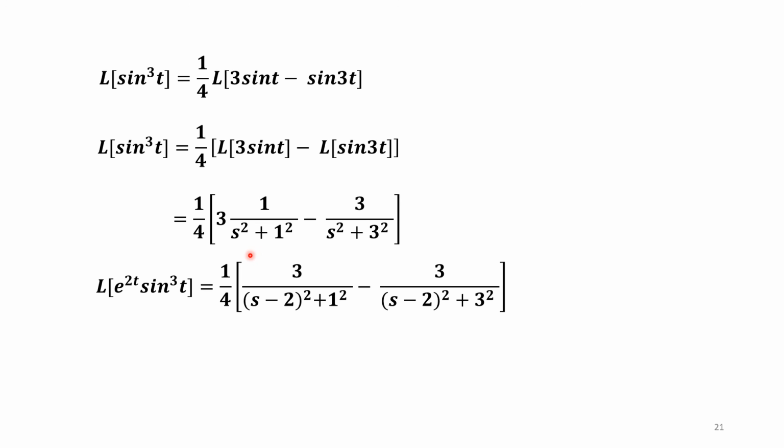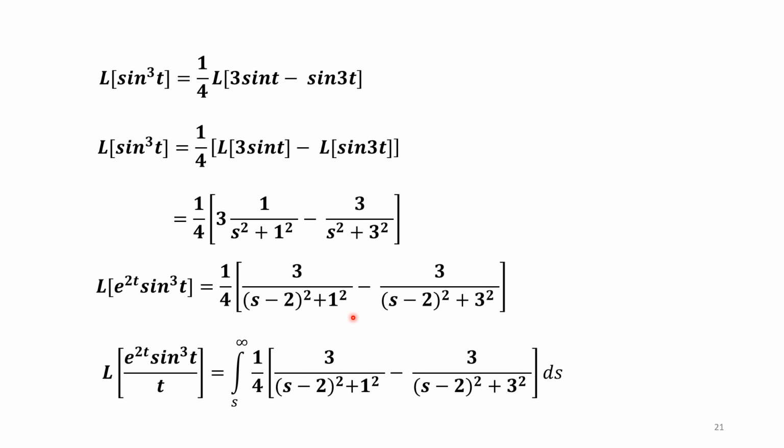So 3 upon s minus 2 the whole square plus 1 square minus 3 upon s minus 2 the whole square plus 3 square. 3 by 4 is the constant which can be taken outside.